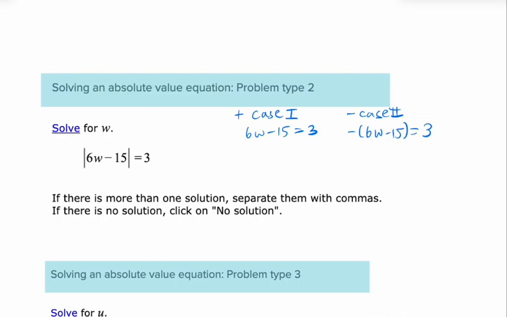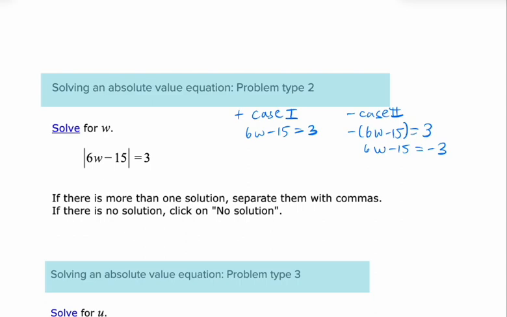Now that second case can also be written in a different way. If I divide the negative to the other side, it's also where 6w minus 15 was a -3, because the absolute value of -3 is also equal to 3. So there are two different ways to think about it.